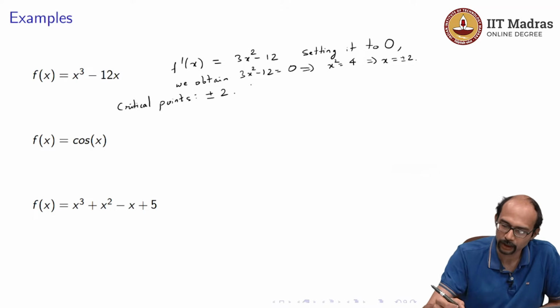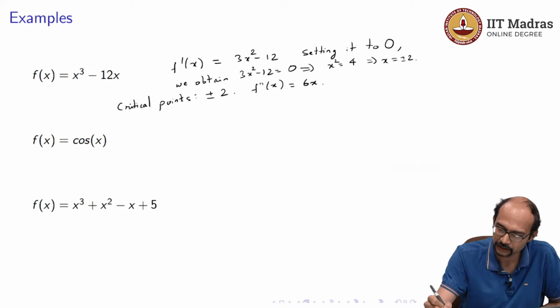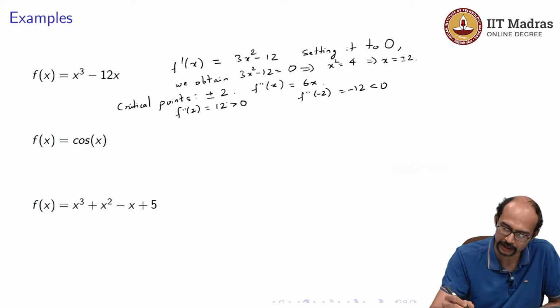Now let's check what happens to the double derivative. What is f double prime of x? f double prime of x is 6x. So f double prime of 2 is 12, which is greater than 0, and f double prime of minus 2 is minus 12, which is strictly less than 0. What does that mean?